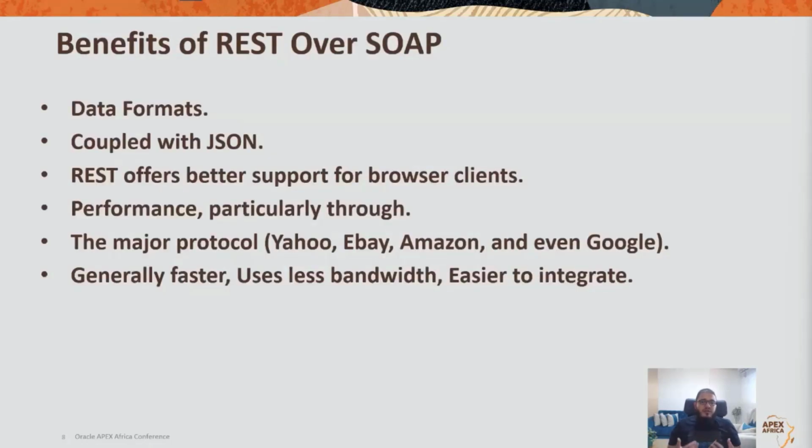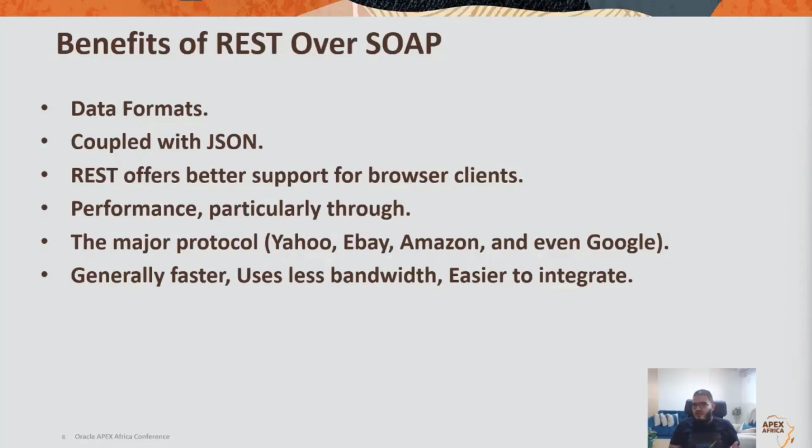In addition to using HTTP for simplicity, REST offers a number of other benefits over SOAP. REST allows a greater variety of data formats, whereas SOAP only allows XML. Coupled with JSON, which typically works better with data and offers faster parsing, REST is generally considered easier to work with.